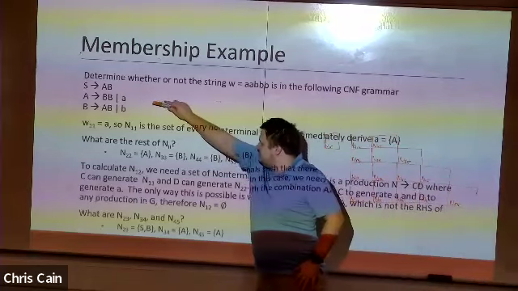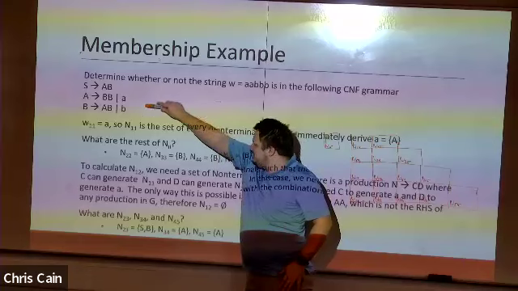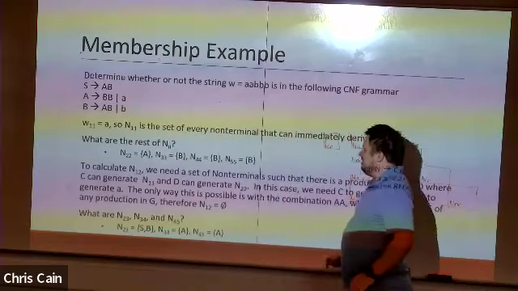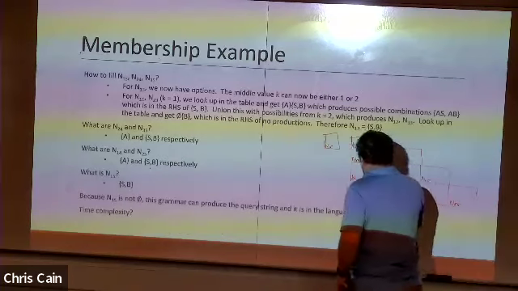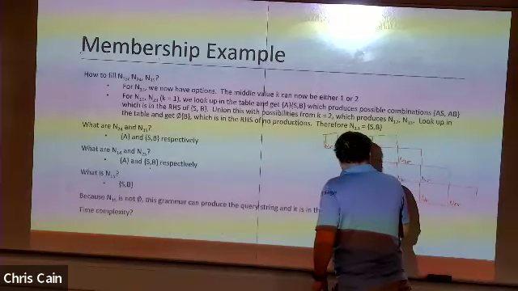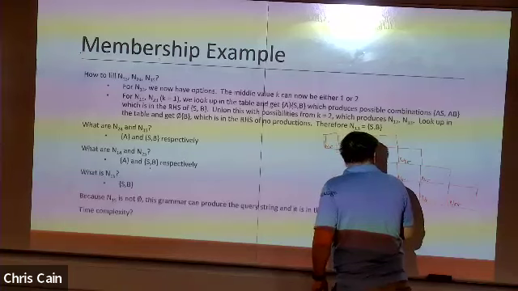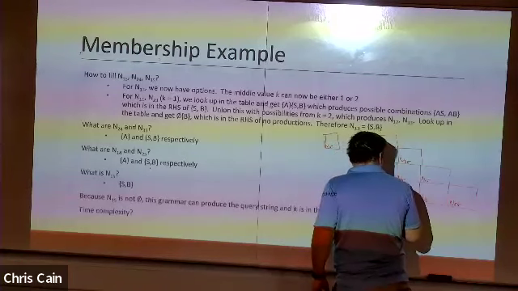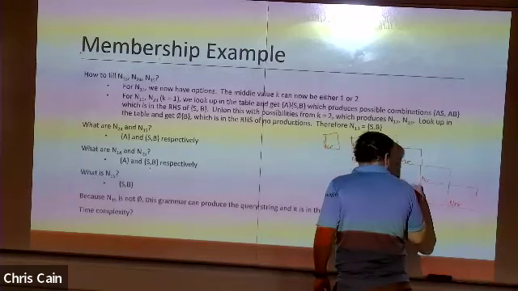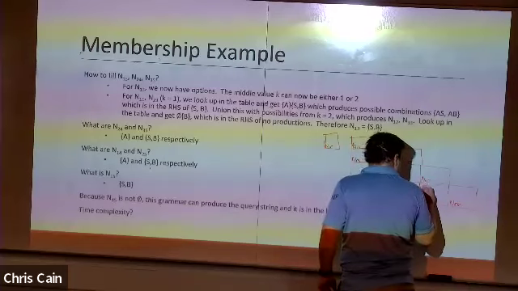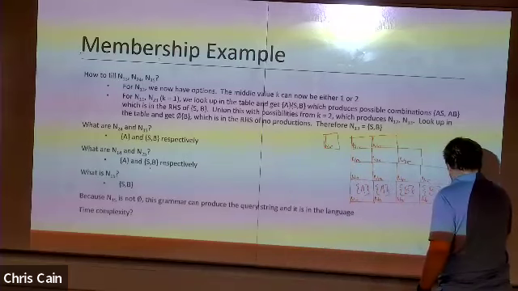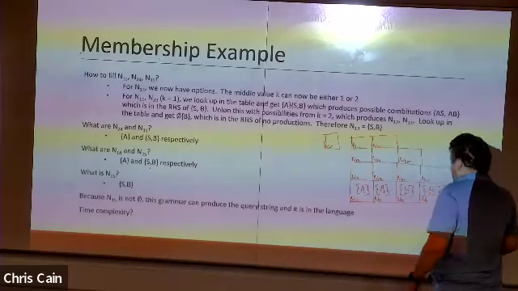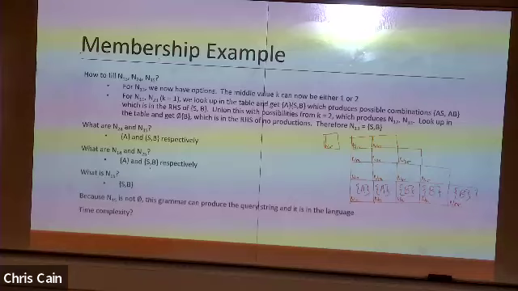So A was producible directly from the non-terminal A, B was producible directly from the non-terminal B, which allows us to fill in this is the set A, the set A, the set B, set B, and the set B. Questions on how to get the first row answered?